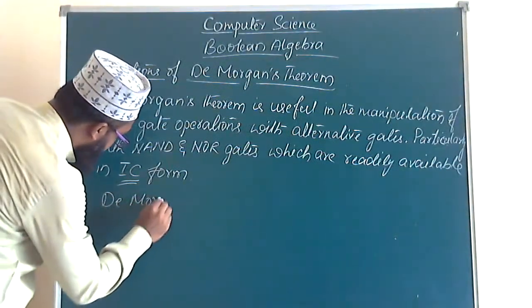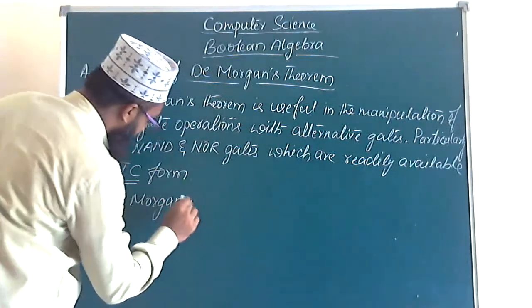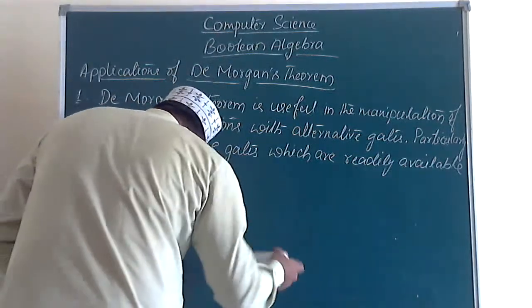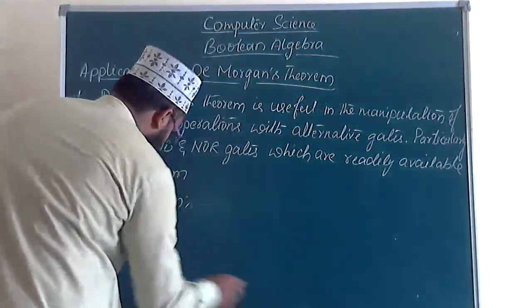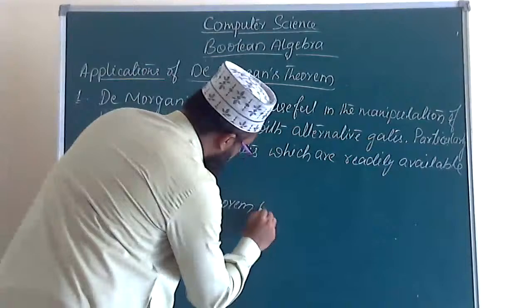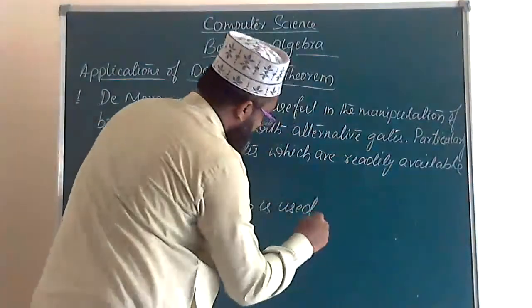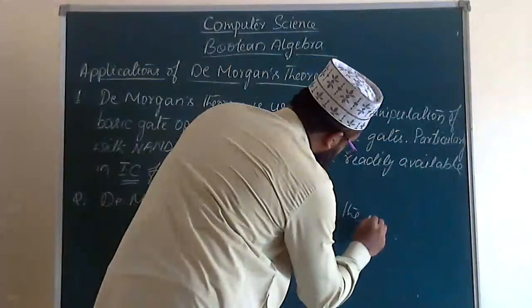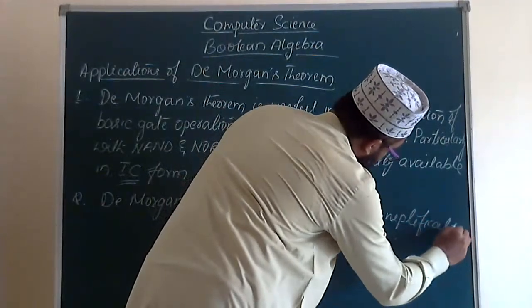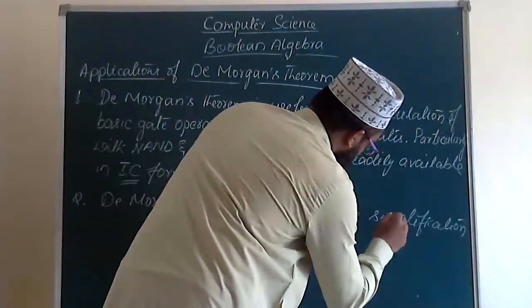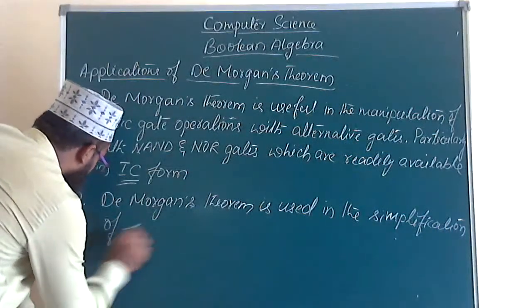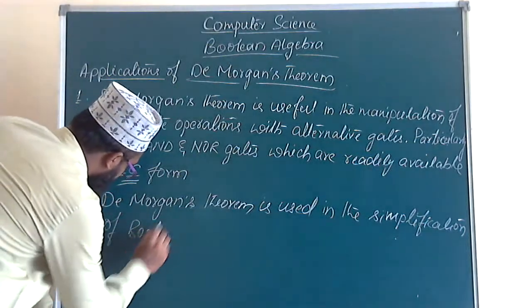The next thing is, De Morgan's theorem is used in the simplification of Boolean expressions.